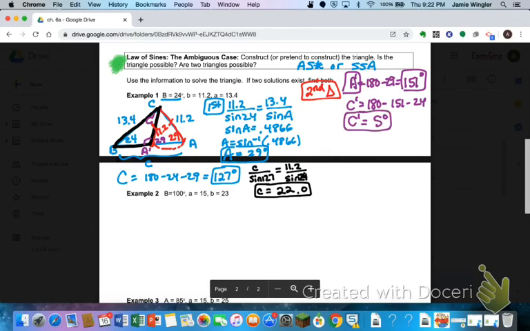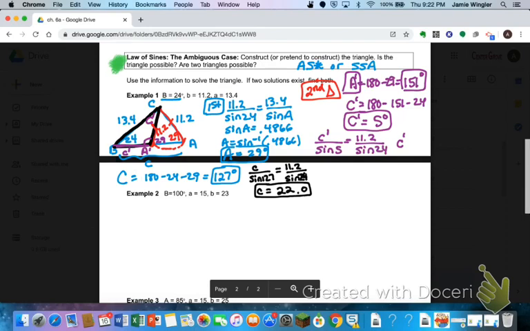The biggest angle is opposite the biggest side so far, so I can proceed with this problem. Everything makes sense. So now the last thing to find is side C prime, which is down here at the bottom. So I'm going to do C prime over the sine of 5 equals 11.2 over the sine of 24. Or I could have done 13.4 over the sine of 151.